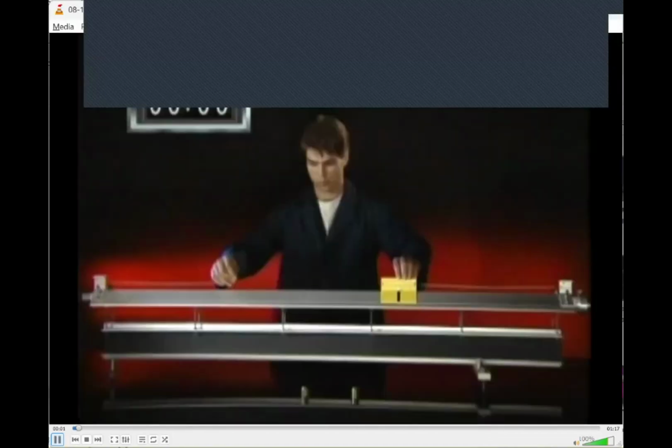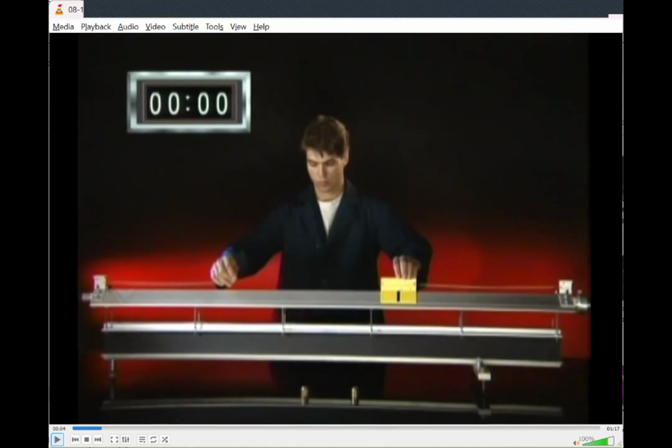All right. We'll use this glider floating on a... So as usual, what we have here is an air track. And on the air track, and the air track is nothing more than a piece of extruded aluminum, and it's hollow inside and air is blowing through.